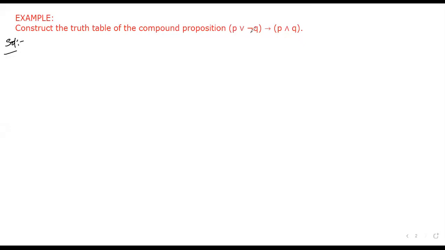So in this given compound proposition, how many variables are there? P and Q. If there are two variables, then how many cases will arise? Four. What are they? True true, true false, false true, false false.